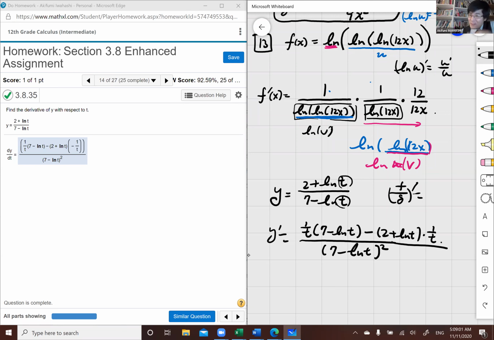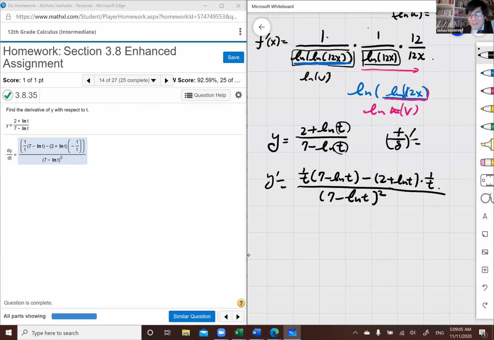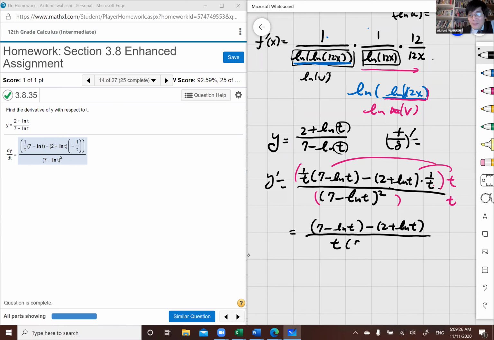Okay, this is not really in the nicest form. You have a fraction inside a fraction. So let's multiply top and bottom by t to eliminate this one. So it's going to become 7 minus ln t minus 2 plus ln t, over t times 7 minus ln t squared.